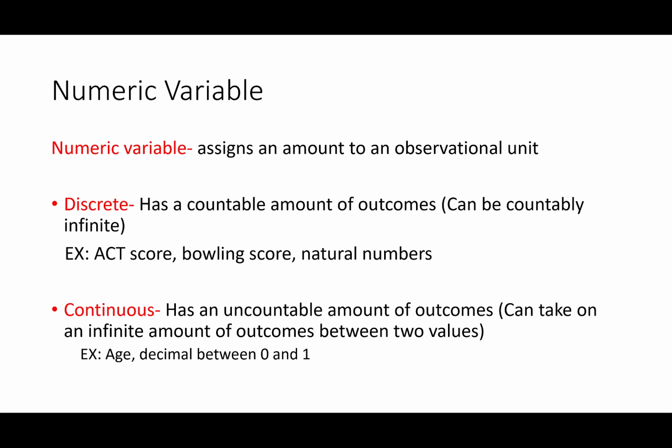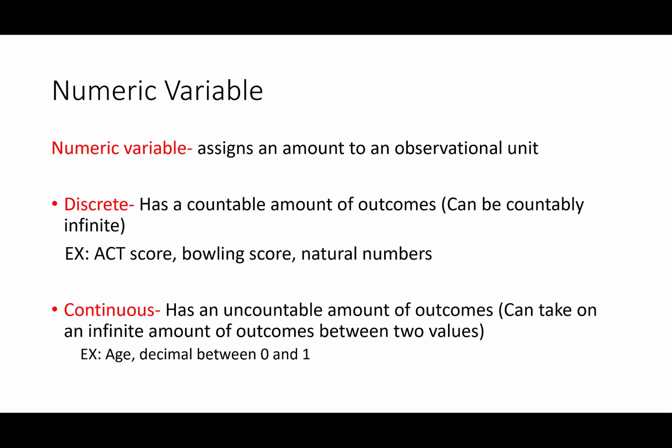The one tricky one that I list here is the natural numbers, right? The natural numbers are technically infinite. 1, 2, 3, 4, all the way up to infinity. But we still call this a discrete variable. And here's why. When we think about continuous variables, these are ones you can't count.